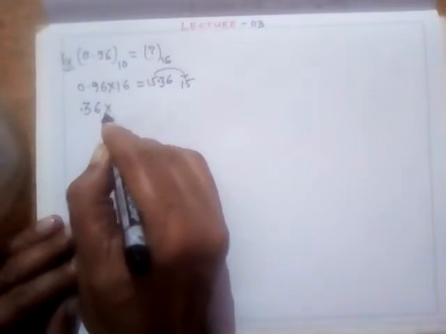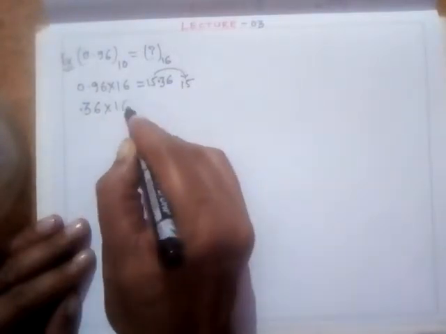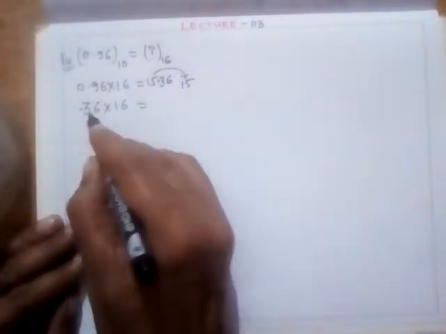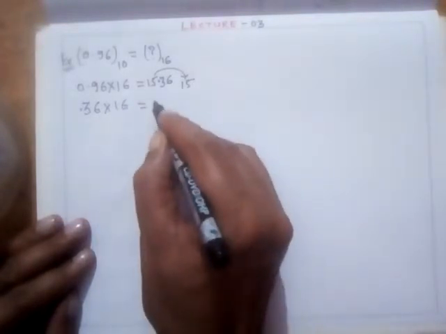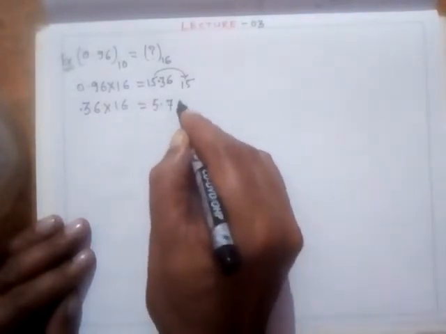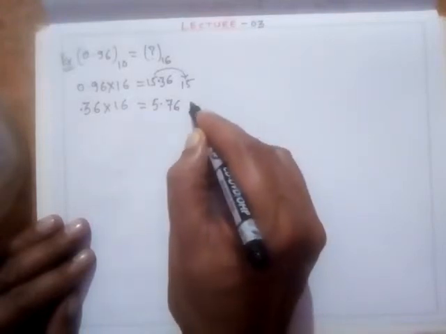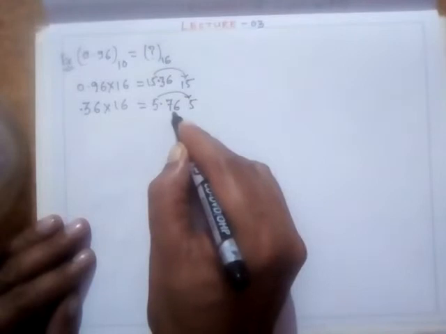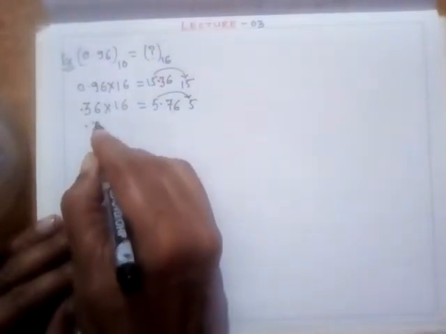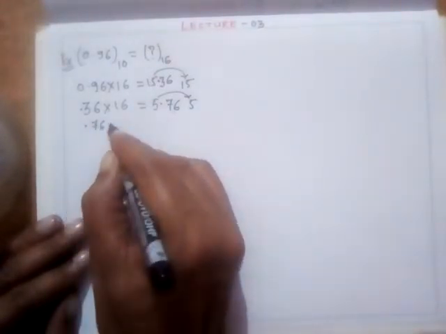Further I multiply this by 16. So 0.36 into 16 results in 5.76. I write this integer part 5 here, and this fractional part 0.76 here.